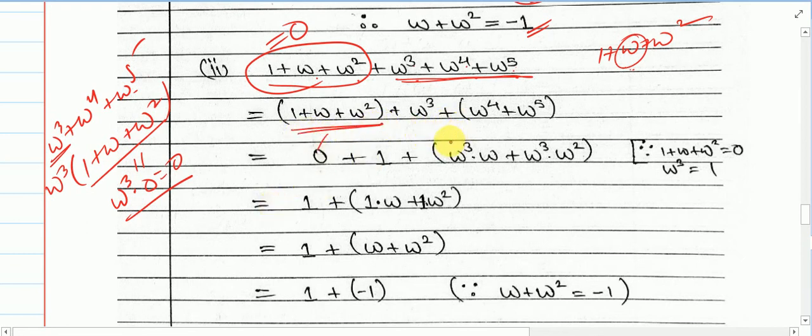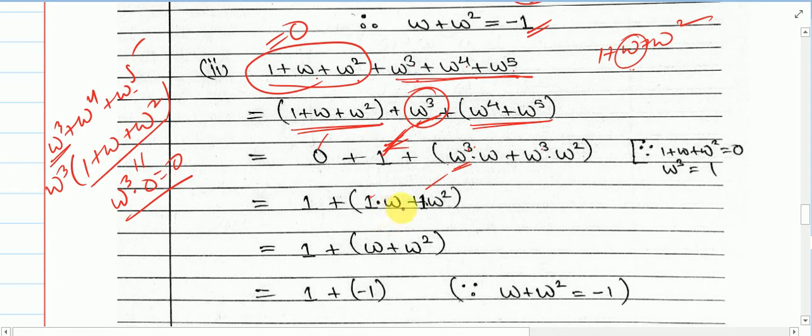Omega cube, you know, it's 1. Here I have done differently actually, no problem. So omega cube is 1, and from here I have taken out omega cube common, so that omega cube again becomes 1.